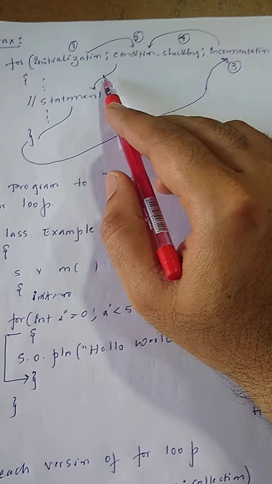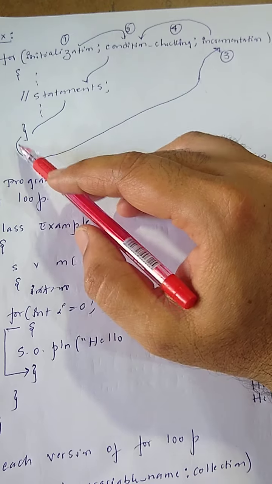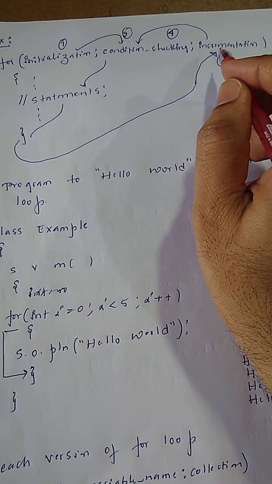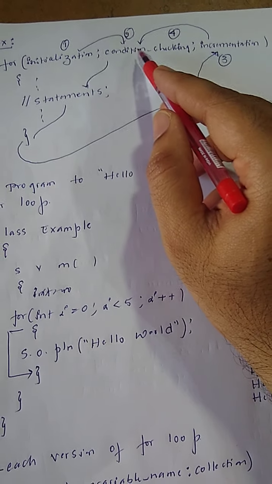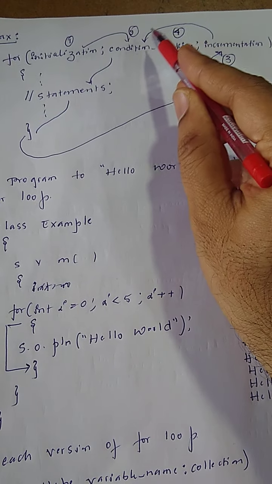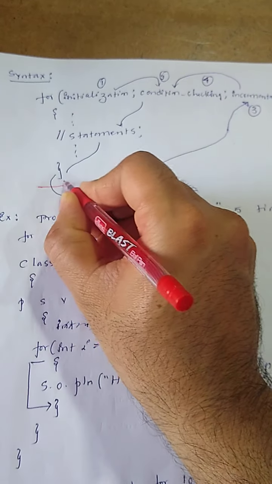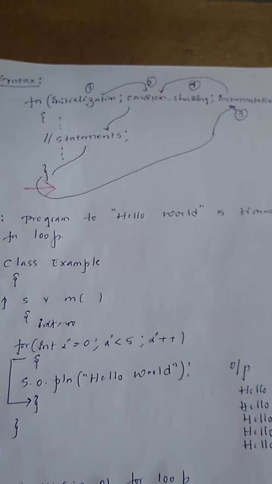If that is true, the body will be executed. Once it finds the closing bracket, it will go to the incrementation part. Again the condition will be checked. If that is true, it will be repeated in this way until the condition becomes false. Once the condition is false, it will come to the next line after the closing bracket, and it will continue with it.